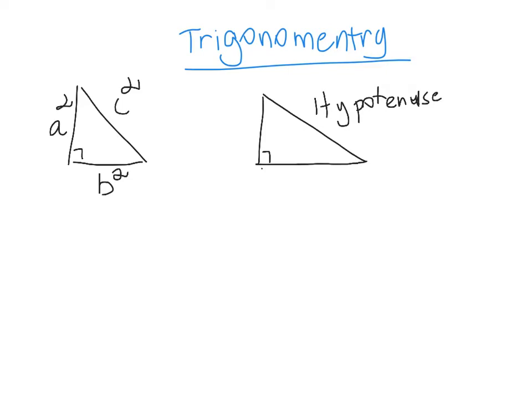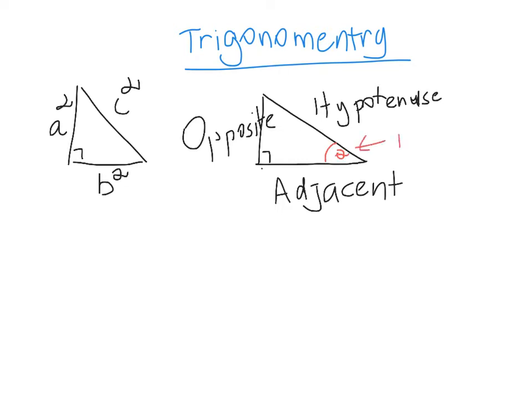This one down here is called adjacent. And this one is opposite. Down here, this is called our angle. It's the angle of the triangle.